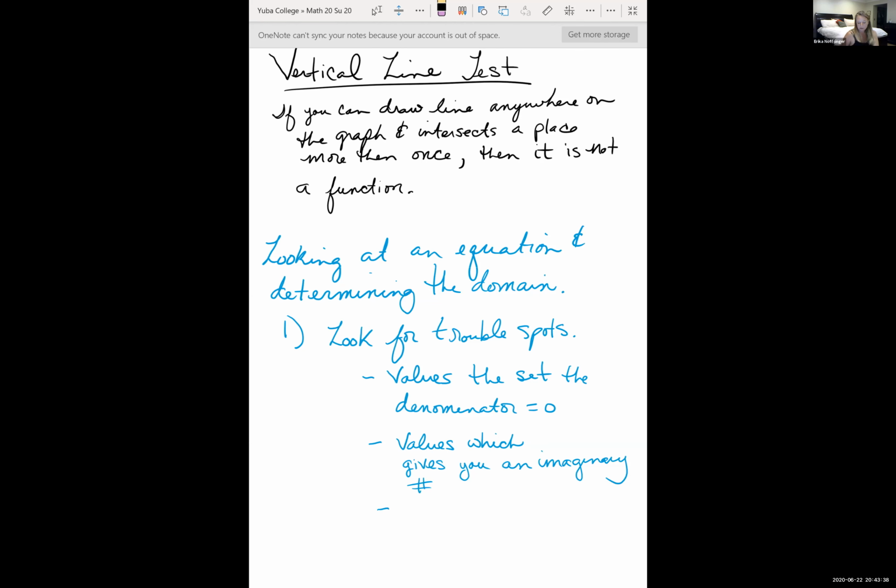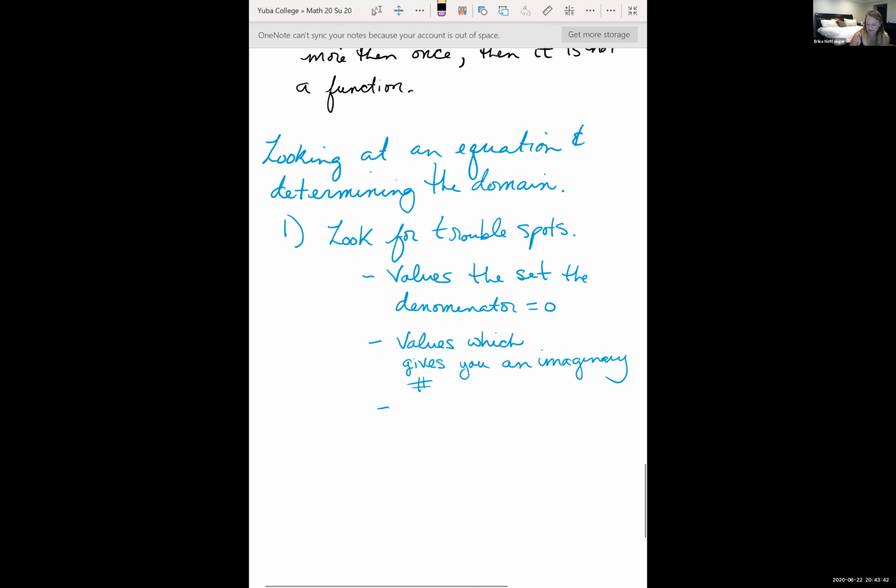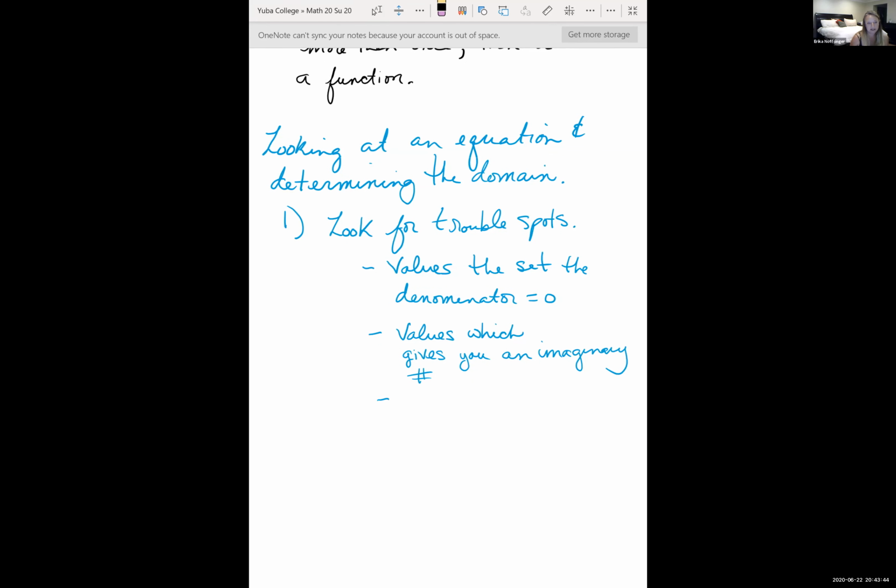And then the other problem spot, which we haven't talked about, and we really haven't looked too much at this, is logarithms. We'll talk about logs later in the class, but it should be kind of a review.